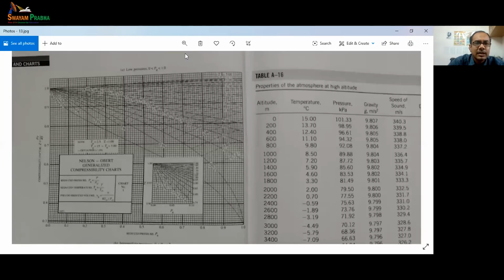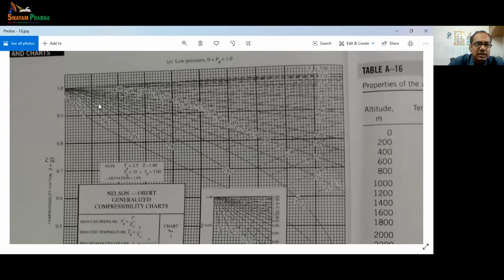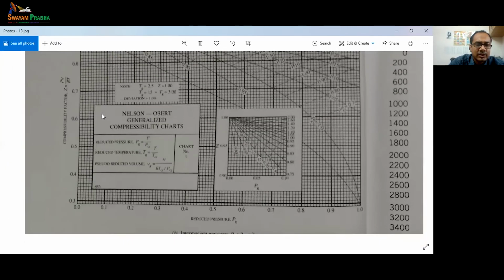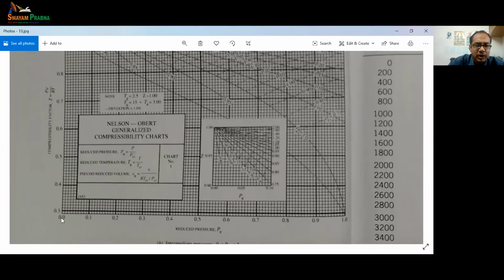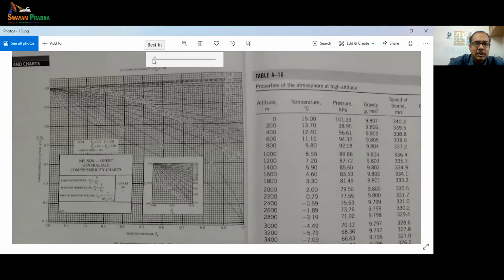So here is the same chart, and we have zoomed a little bit around this particular corner, the origin. So PR here is from 0 to 1, because that will help us get the numbers correctly.